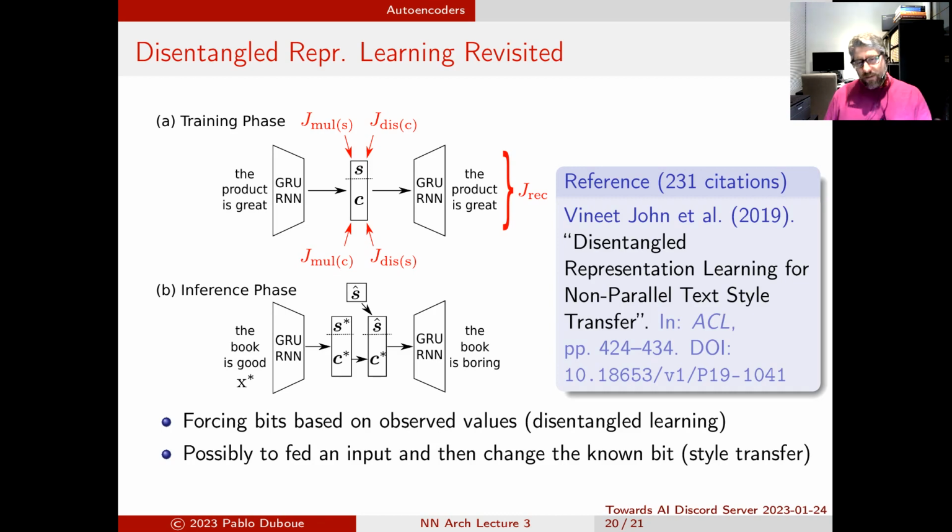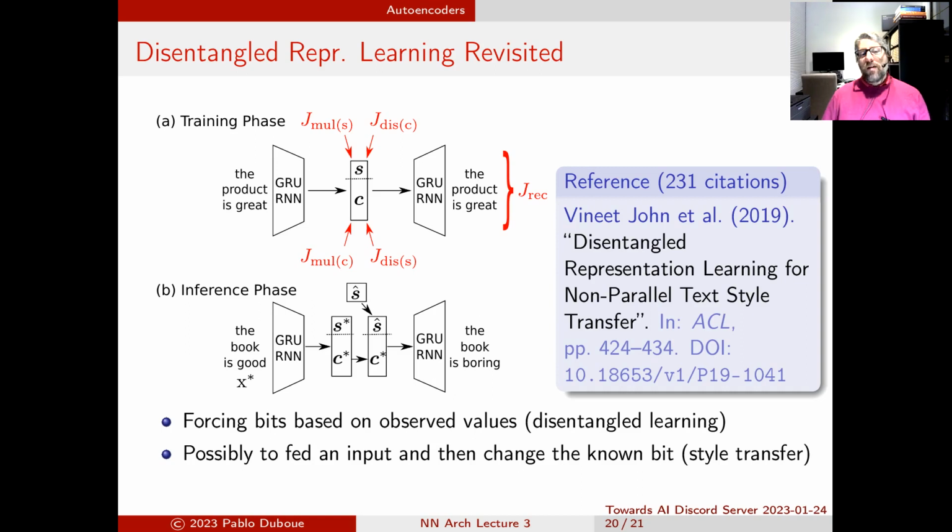So the product is great, produces the product is great. And this can be trained using a loss function that just measures the reconstruction error. But on top of that, we also add another loss function that sets this S value. And that S value we set using training data. So we know that the product is great, it's a positive review. And as such, we force a second loss to set S to 1 in that case.